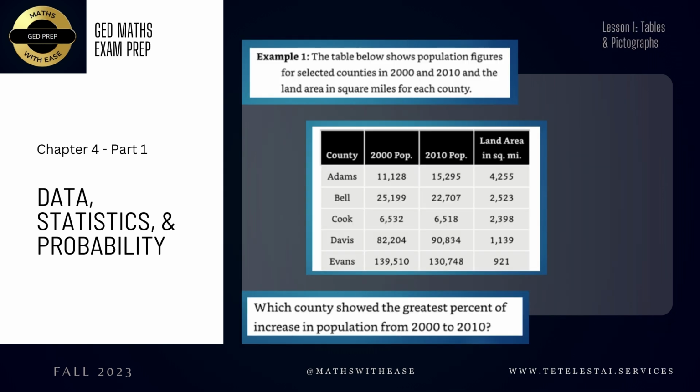So with Adams County, our final population in 2010 is 15,295. And we're going to subtract the initial, which is 11,128. And then we divide that by the initial, okay, and multiply by 100, which is what is done for you here.